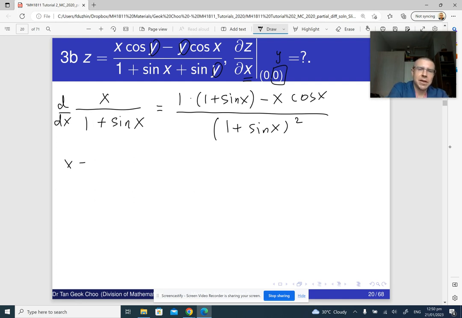Now we let x equals 0, and it should simplify. Because sine 0 is 0, we get 1 times 1 minus 0, divided by (1 plus 0) squared, so it's just 1.